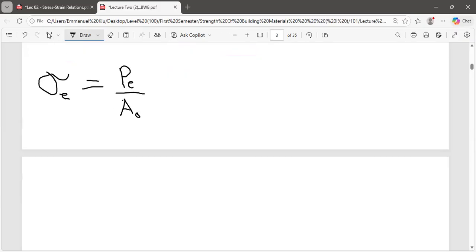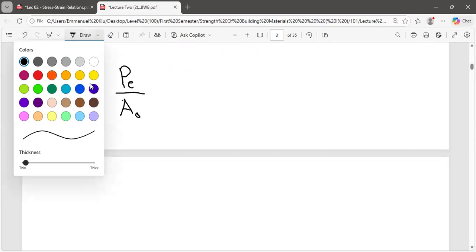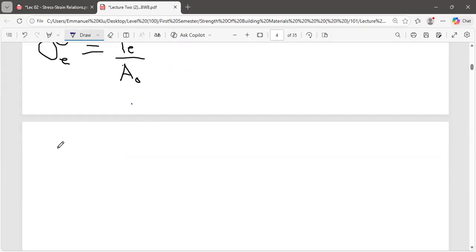From this idea, let's transfer this same idea to solve our question. From the knowledge we have just acquired, for our stress at elastic limit we are going to use the load at elastic limit, and the load at elastic limit that was given was 250 kilonewton.